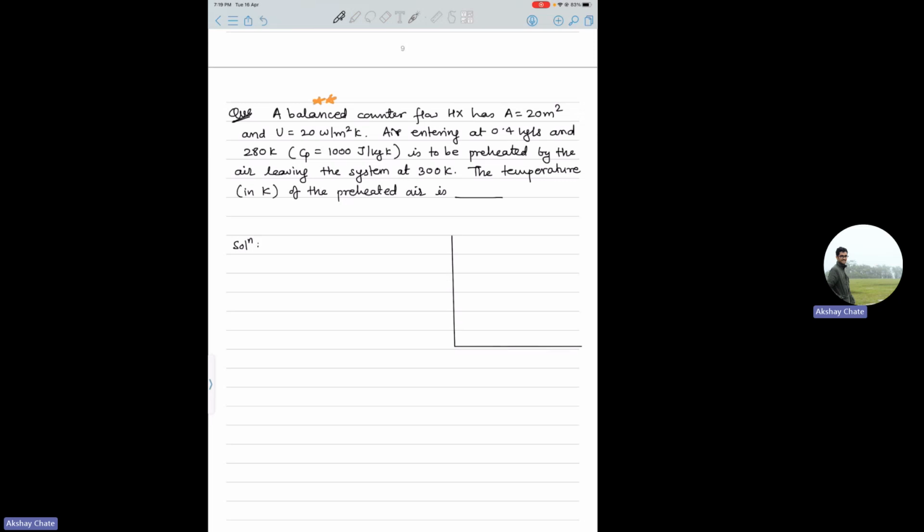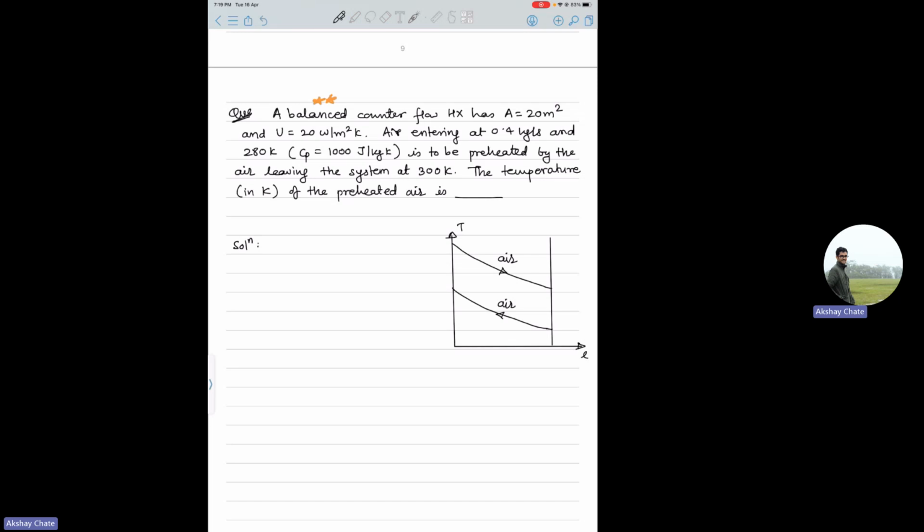So again it's a counter flow type of heat exchanger, something like this. Okay, and this is your length axis, this is your temperature axis. So there is a hot air, and again the air is heating air, so basically it's the same fluid, and air is entering at 0.4 kg per second and 280 Kelvin, and that is to be preheated.